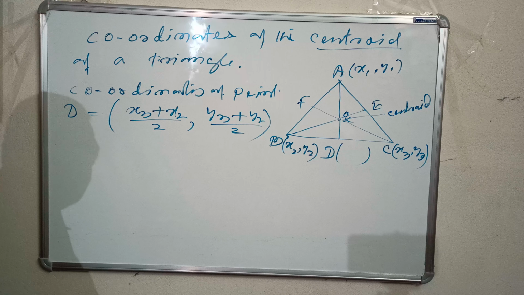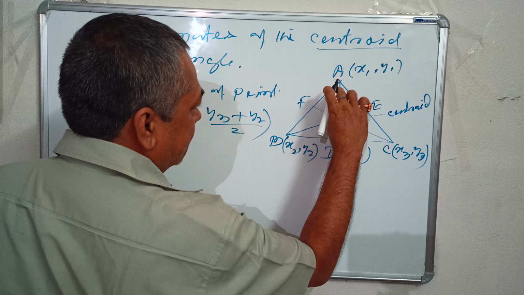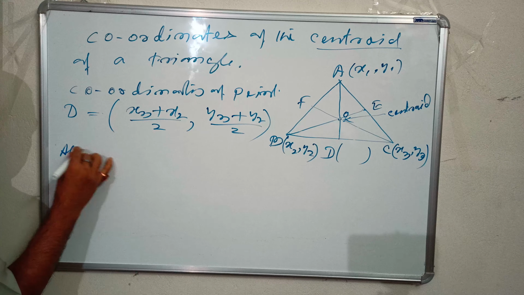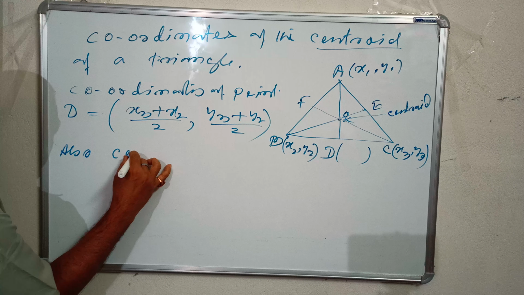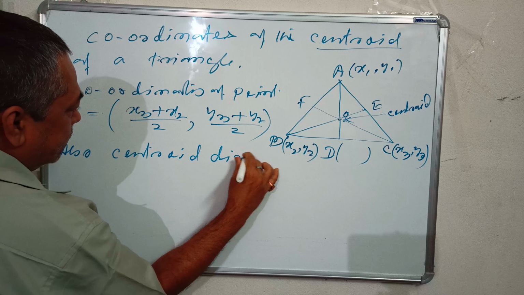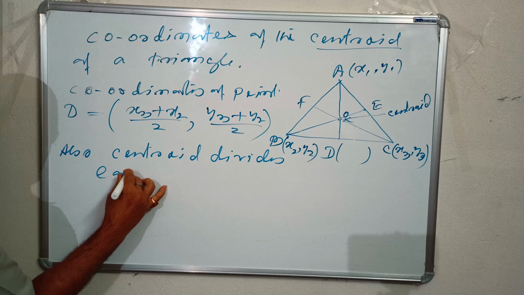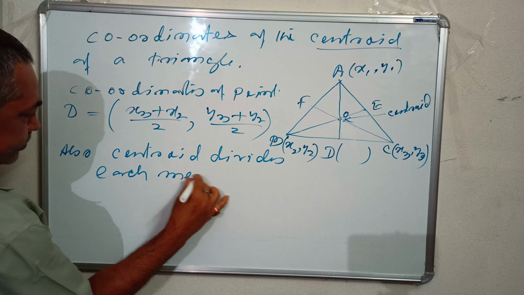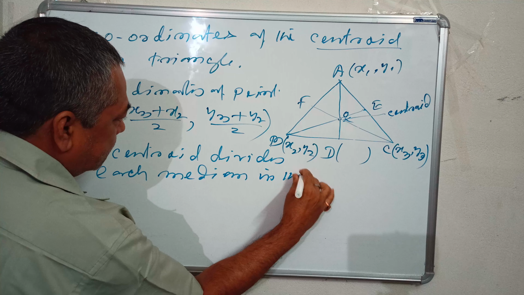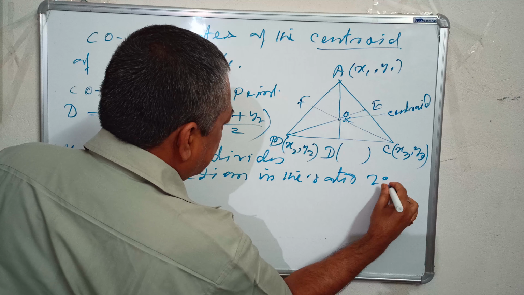Again, the centroid divides each median in the ratio 2:1.